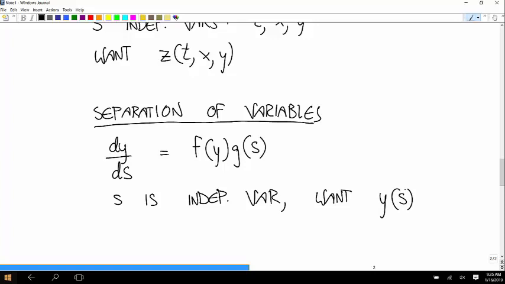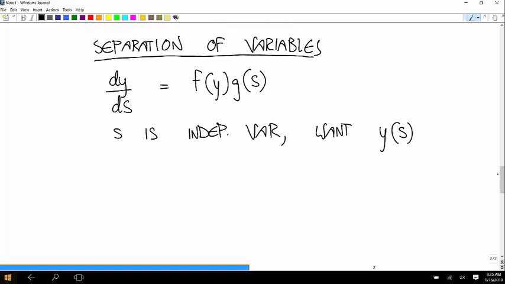Usually our independent variable is going to be time in this class, so t will be our independent variable, but this is just sort of a general way of writing this. So since there's only one independent variable, this is an ordinary differential equation.